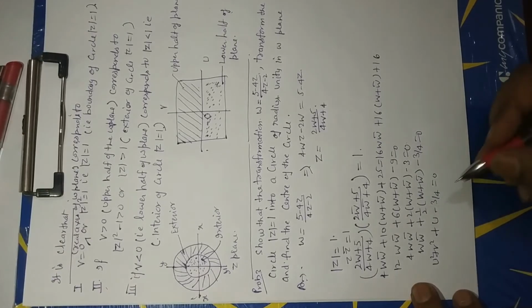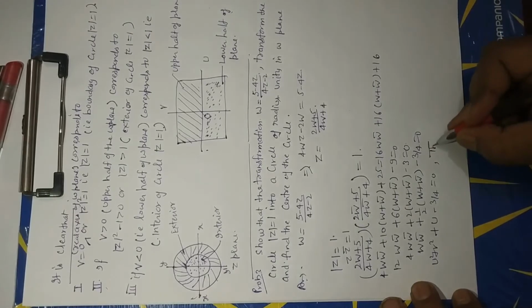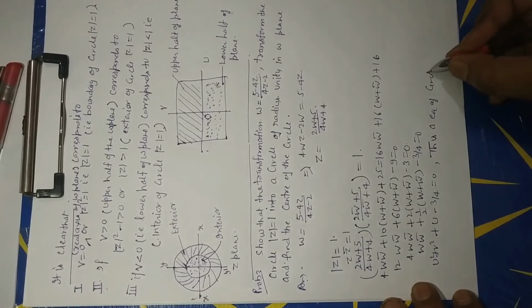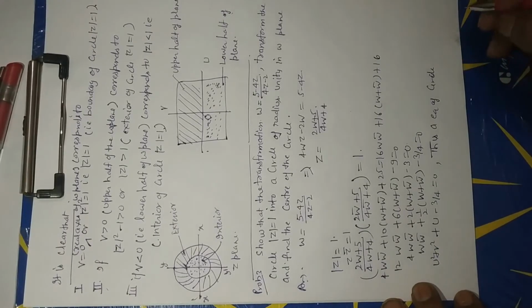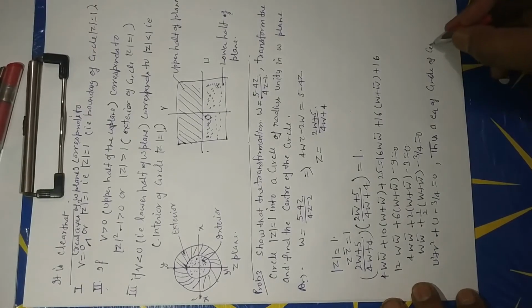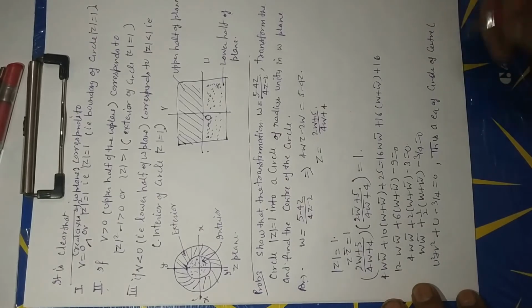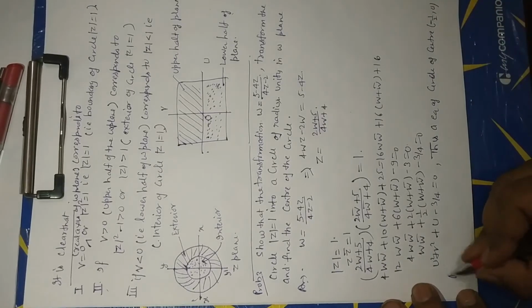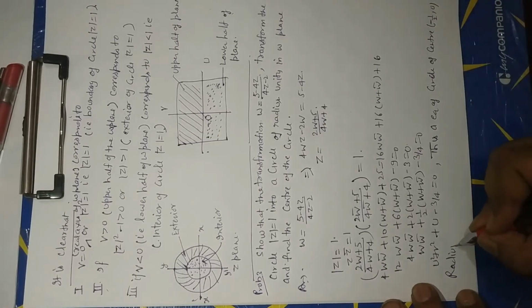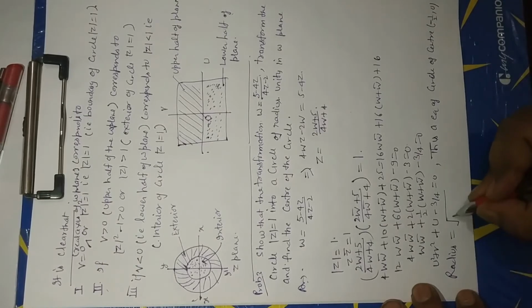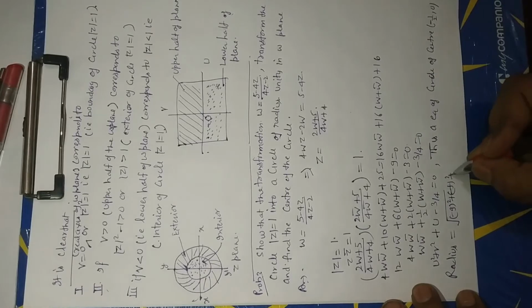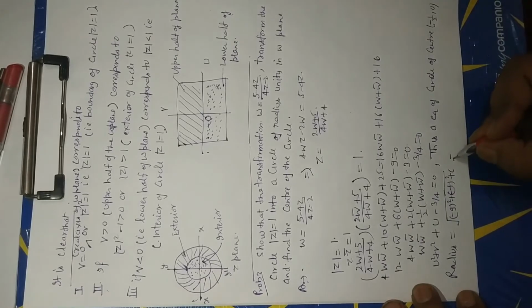This is the equation of a circle, with center (minus g, minus f), that is (minus 1 upon 2, 0), and radius equal to under root of g square plus f square minus c.